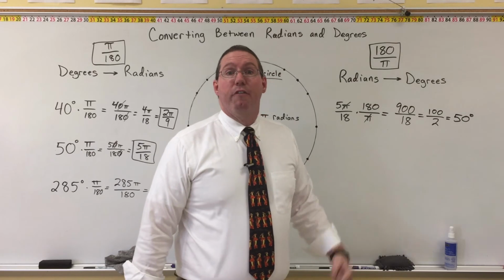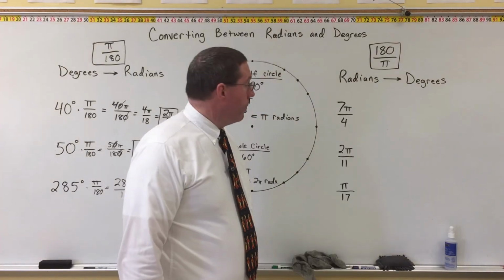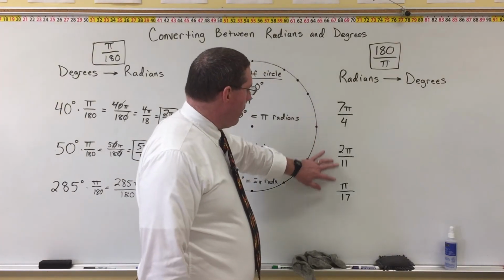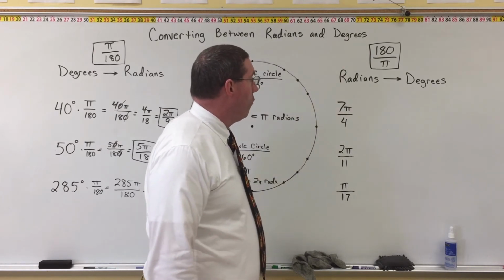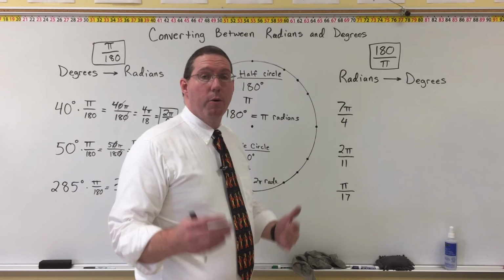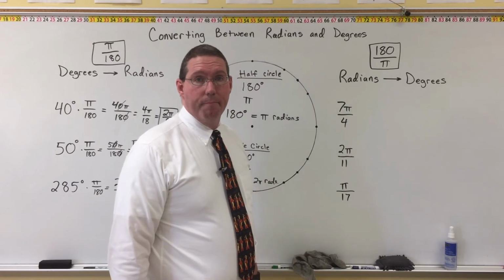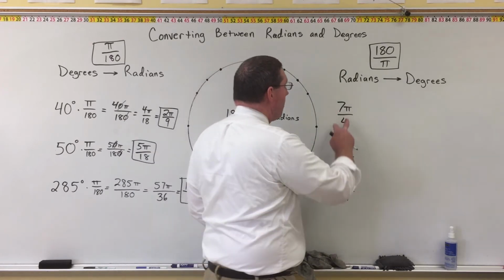Now I'm going to give you a few more to try. Let's try these three using our conversion factor, 180 over pi. Why don't you pause the video and try them? Okay, so let's try 7 pi over 4.